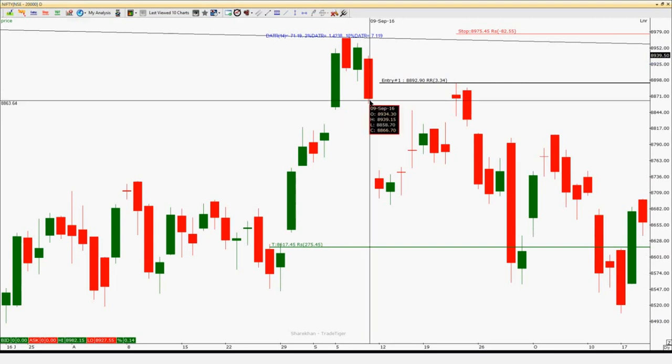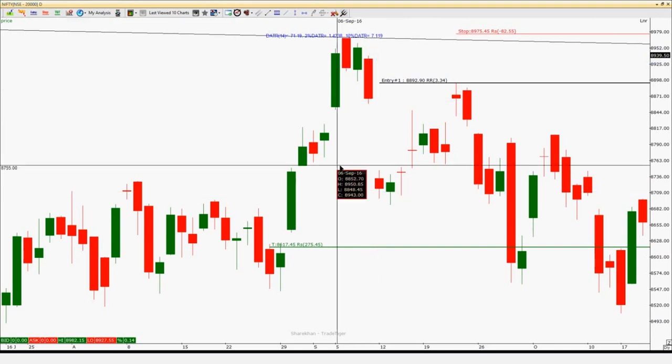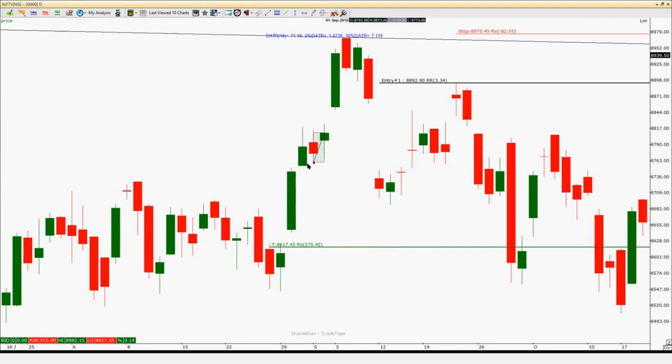So I wait patiently for an engulf. After 9th September, price simply gapped down and it engulfed this authentic demand. Now a rally-based drop engulfing the opposite authentic demand is a cap for me, right? It is a cap, right?